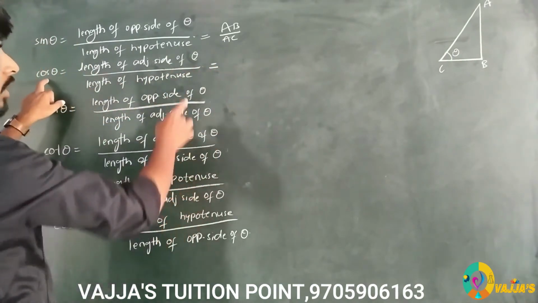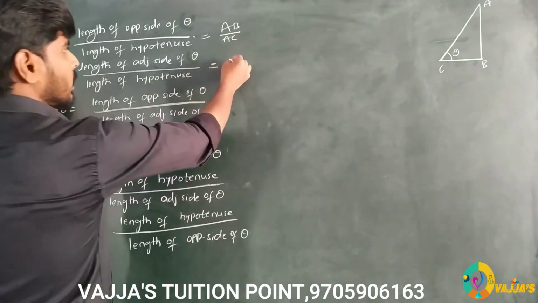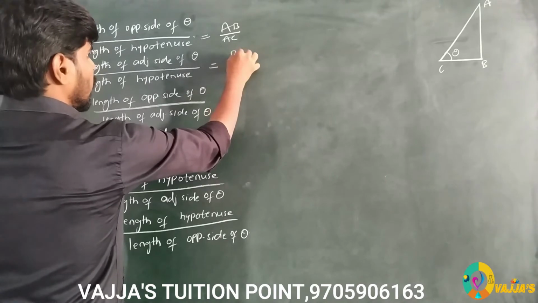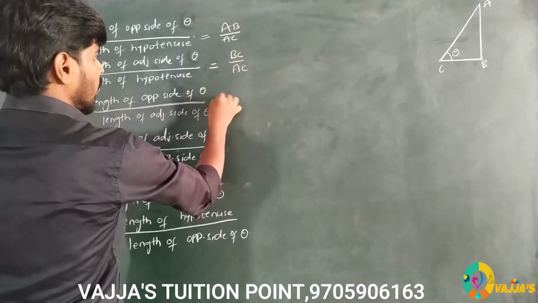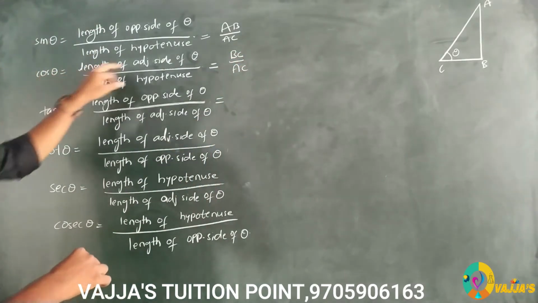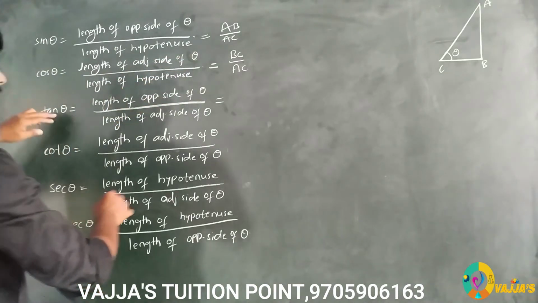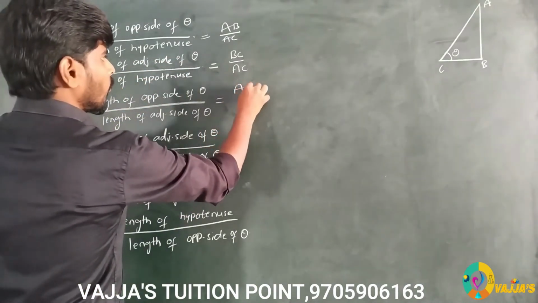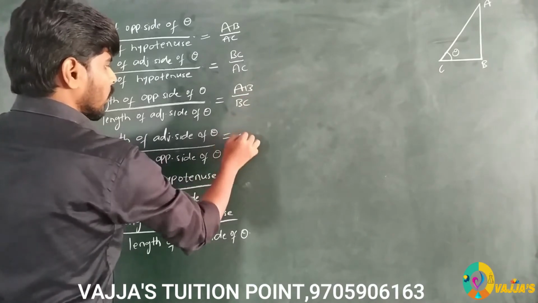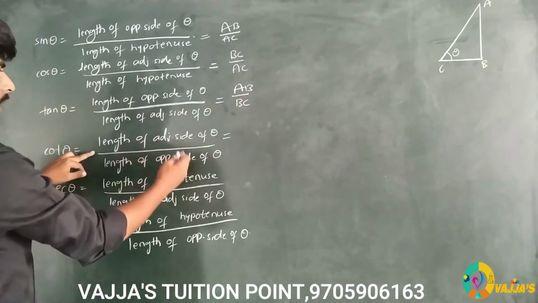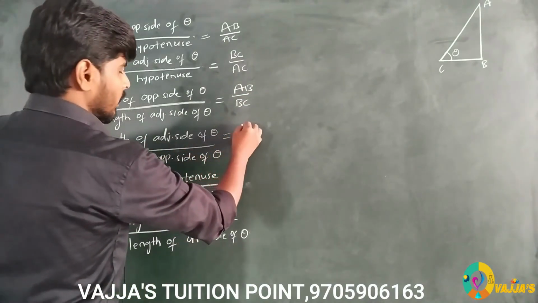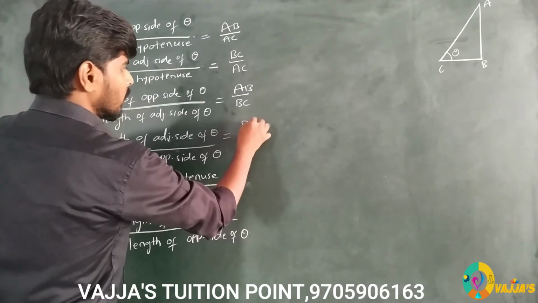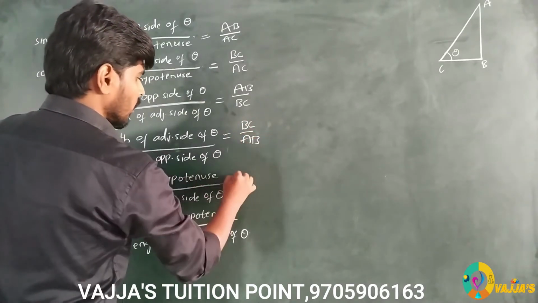If your cos theta is there, what is the ratio? BC by AC according to theta. Next tan theta, AB by BC. Cot theta, adjacent side by opposite side, adjacent side means BC by AB.